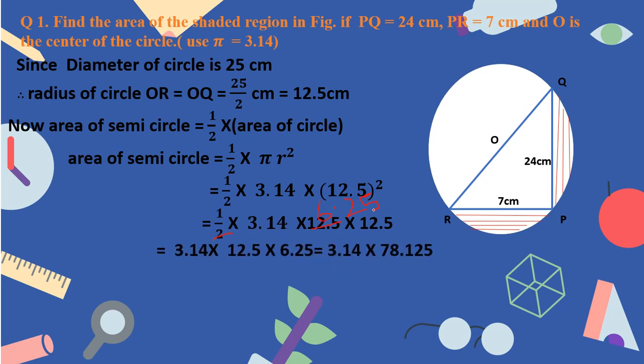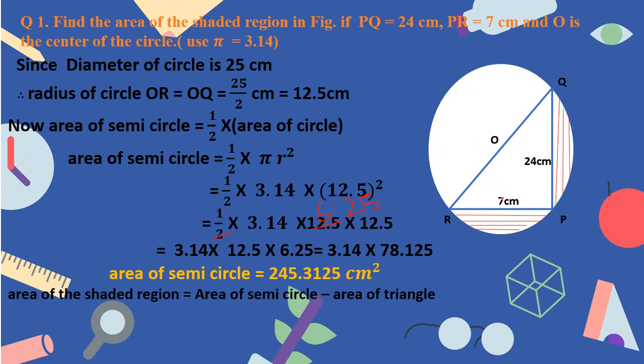So we get 3.14 into 12.5 into 6.25, and product of this we get area of semicircle is 245.312 centimeters square.